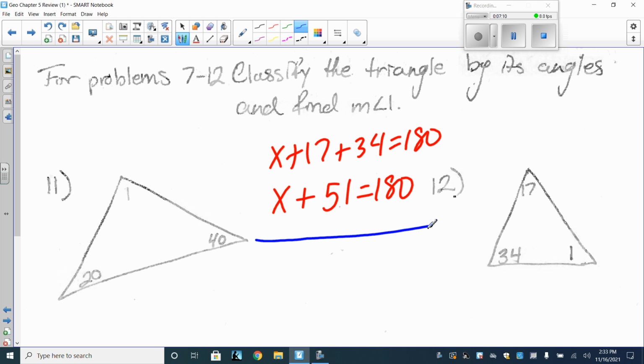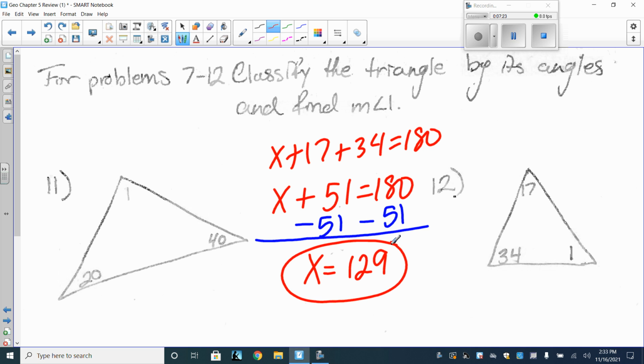Now at this point here we can subtract 51 on both sides, which tells us x is 129 degrees. And how would we classify it by its angles? So it's all the same. Because any three angles in a triangle add together to be 180. Yes. Okay.